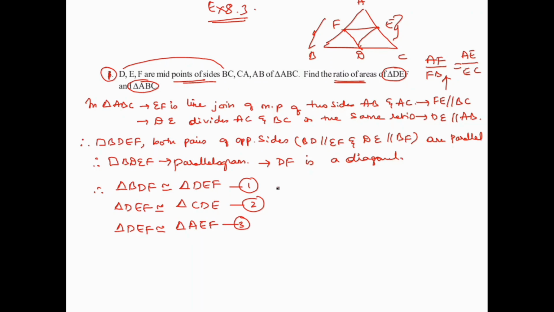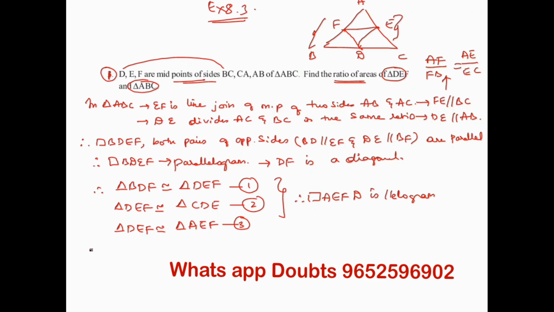How can I do that? Because as you have seen earlier, I know that AEDF is a parallelogram, right? So what I'll do is I need to add up all of this, from 1, 2 and 3.